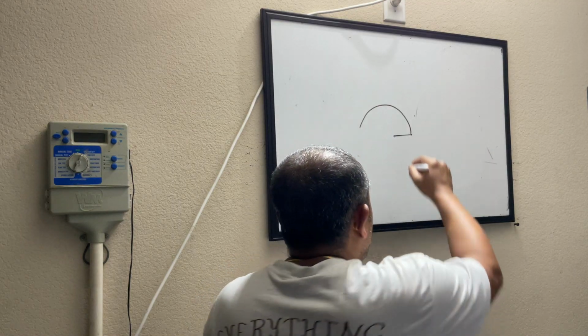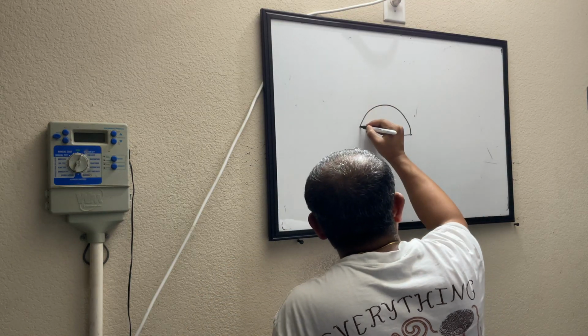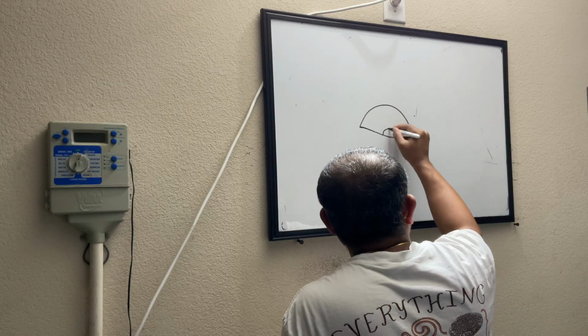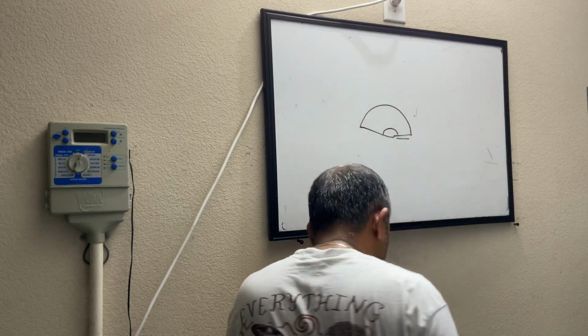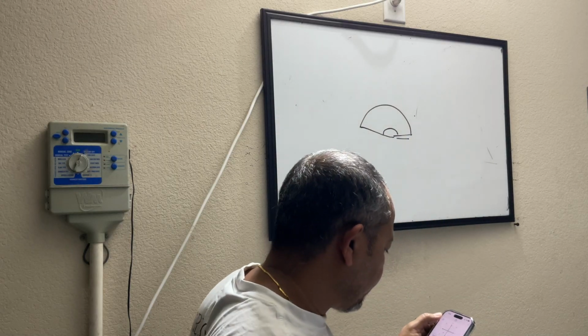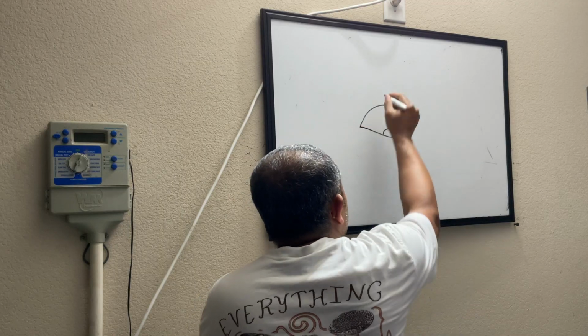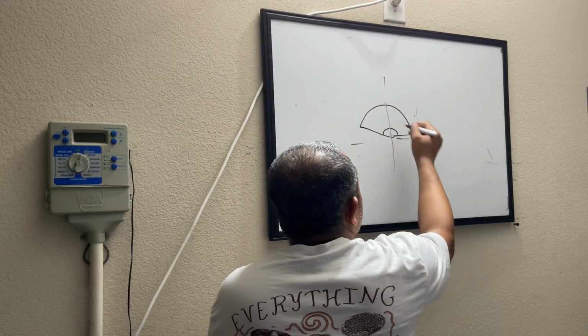Counterclockwise. So not clockwise, counterclockwise 5 pi over 6. So this is the angle that she has made, this one. Okay. To quadrant 2. So basically, if you look at this, this is in quadrant 2.